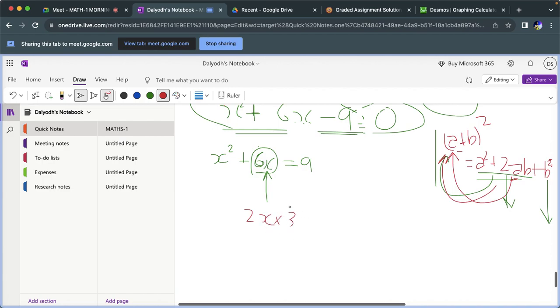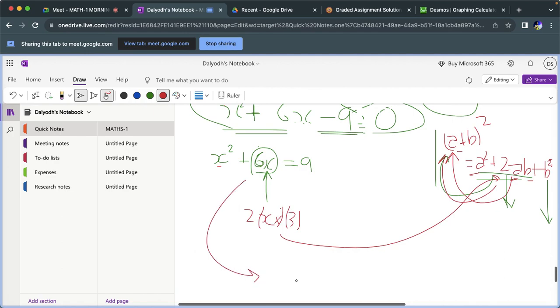Now relate this to the formula: a is x, so you can relate b equals 3. That's the only thing you can do, right? Now you know that b equals 3. Then what do you have to do?